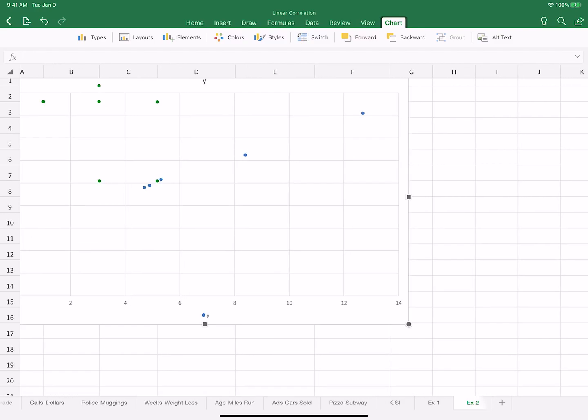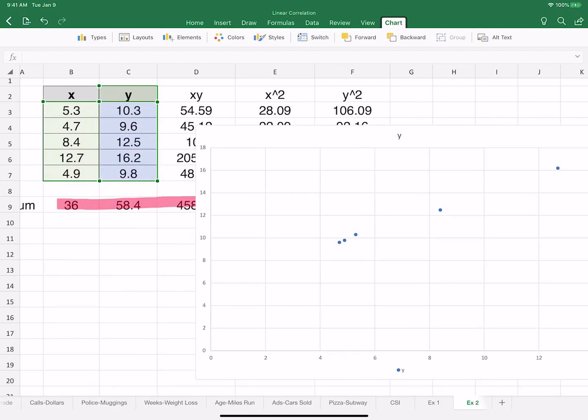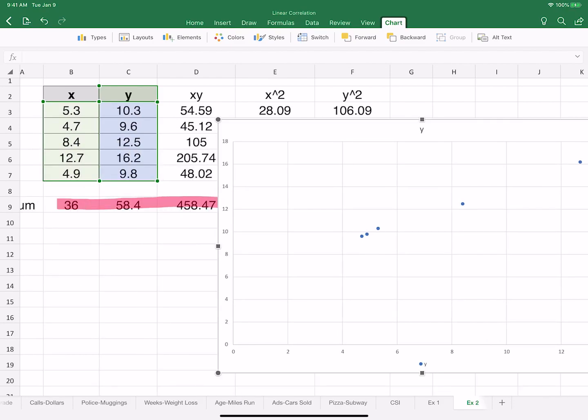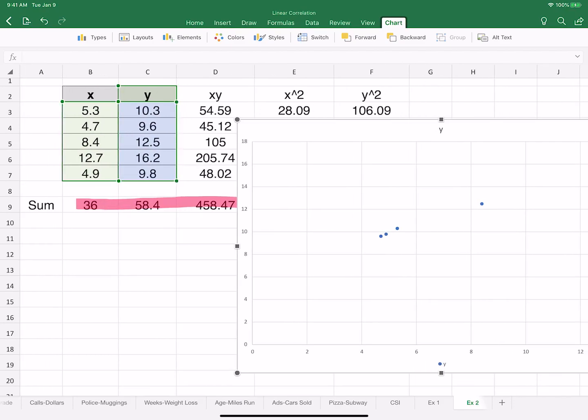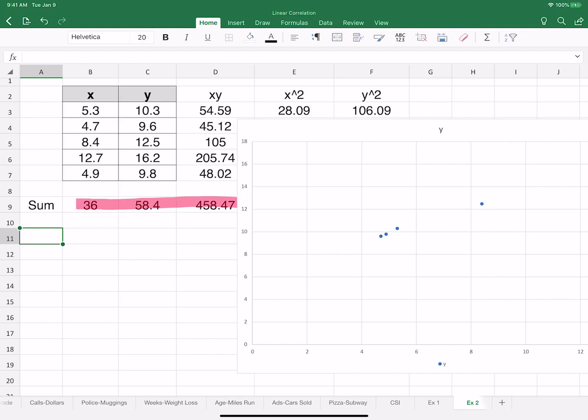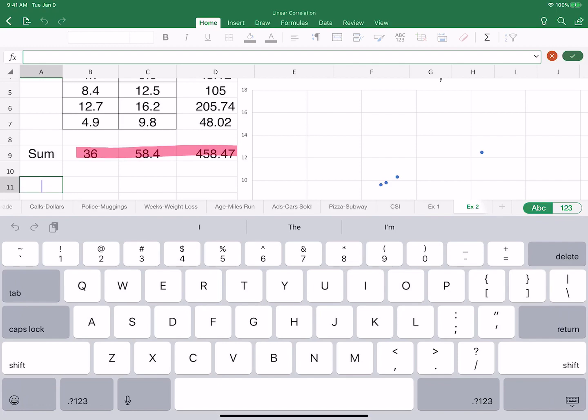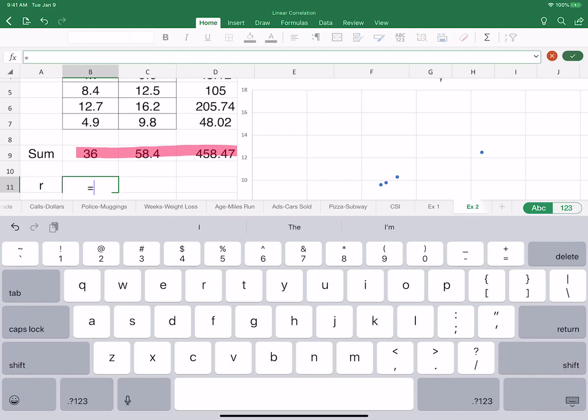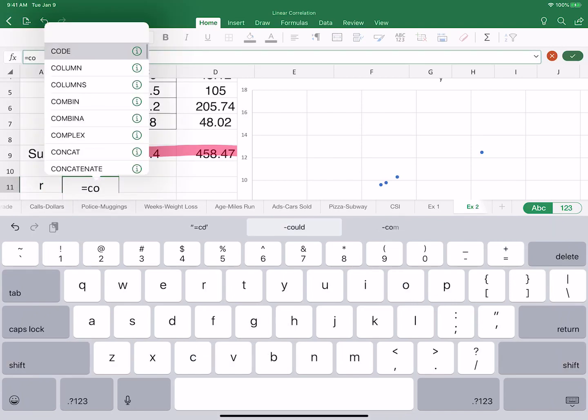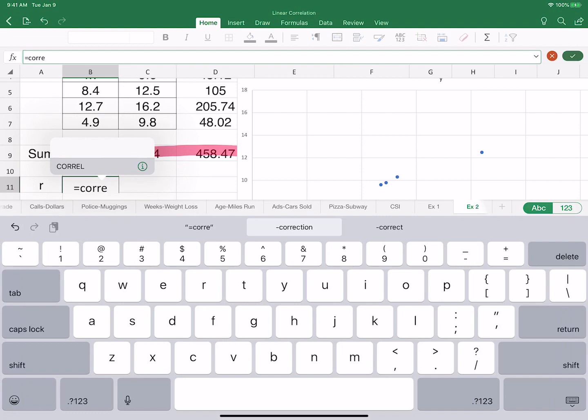In fact, if you remember, last time I think I said I can actually find here, this is going to be r. So I need a linear correlation coefficient. That's going to be a lowercase r. Remember what I did here? What was the function? CORREL, this function.